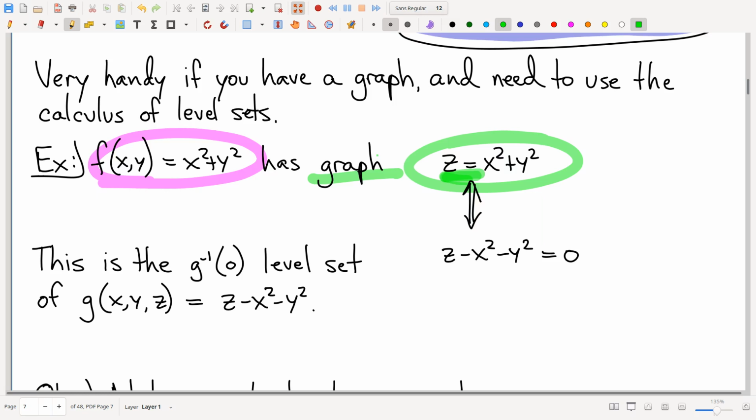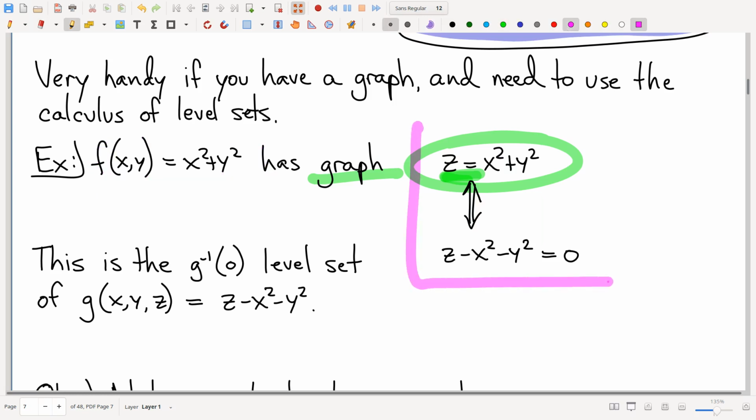What I can do is say this algebra is equivalent to that algebra. This transformation here, nothing happened. This is still the exact same equation morally, right?